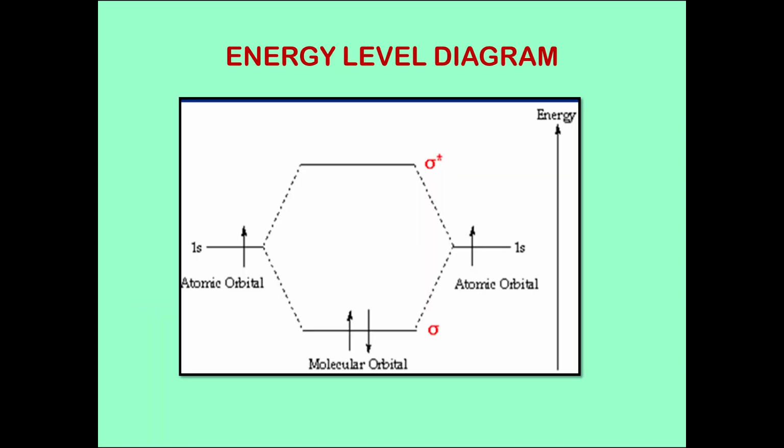This is the energy level diagram in which the two atomic orbitals are on the right and left, and the molecular orbitals are in the center. Two atomic orbitals combine to form two molecular orbitals, one a bonding molecular orbital indicated by the symbol sigma, and another an antibonding molecular orbital indicated by sigma star.